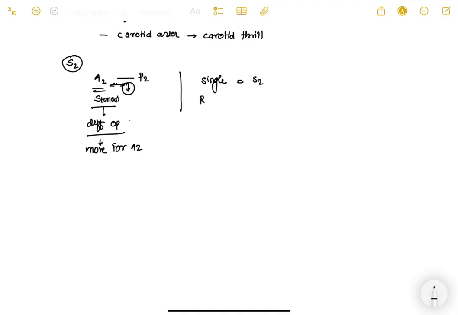Or there can be reverse splitting, that A2 occurs after P2.